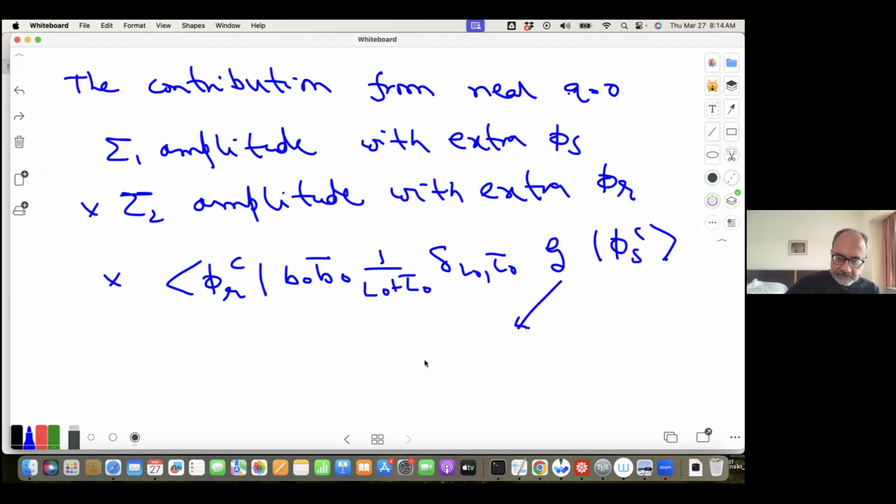So this is for R. In NS, you don't have this. In NS, it is absent. And so that's the factorization statement, and this is exactly what happens in a normal quantum field theory.